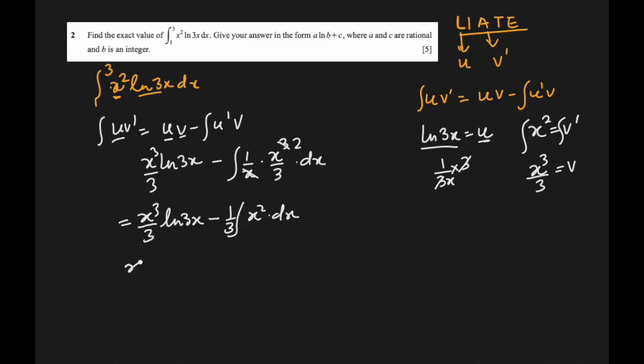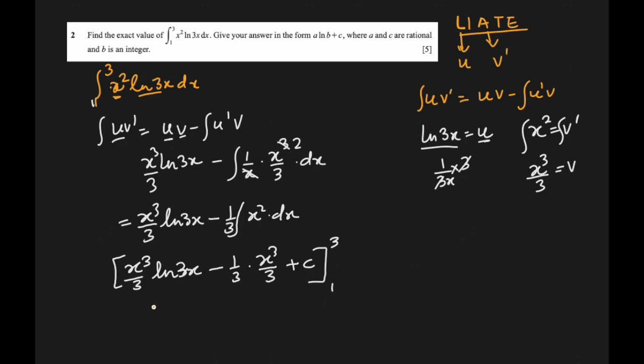So we are left with x cube over 3 natural log of 3x minus 1 over 3, and this will be x cube over 3 again, plus c now, and it is from 1 to 3. That was the lower and upper limit given to us.